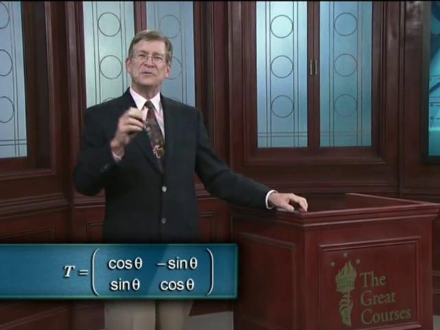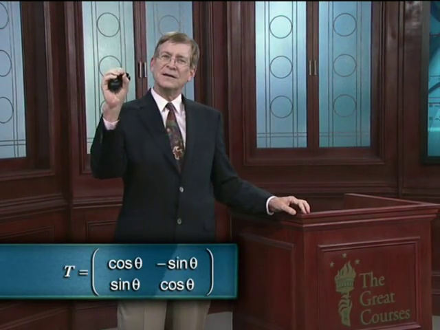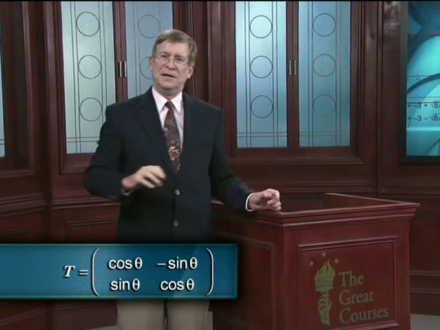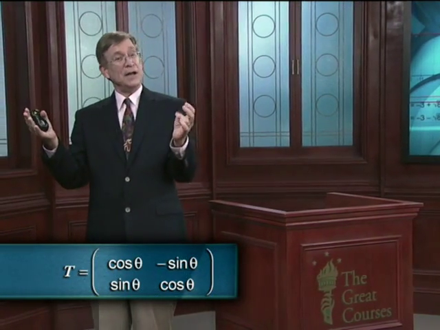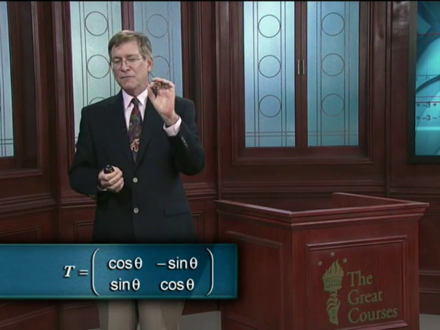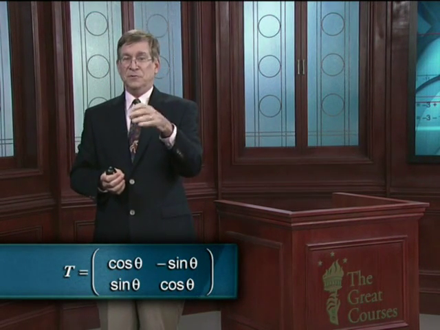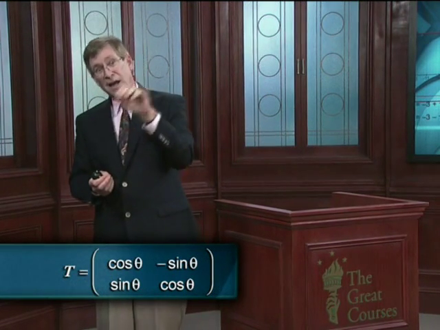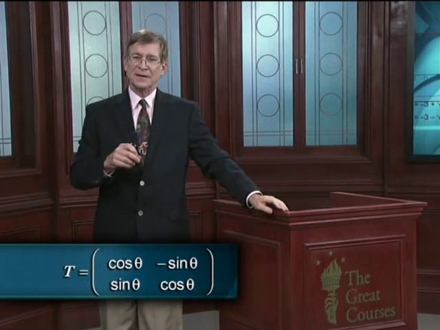Let me challenge you with a more complicated transformation. The 2 by 2 matrix: cosine theta, minus sine theta, sine theta, cosine theta. So this matrix, again, is a 2 by 2 matrix. For a given theta value, an angle theta, compute the cosine and the sine and then fill in the matrix.